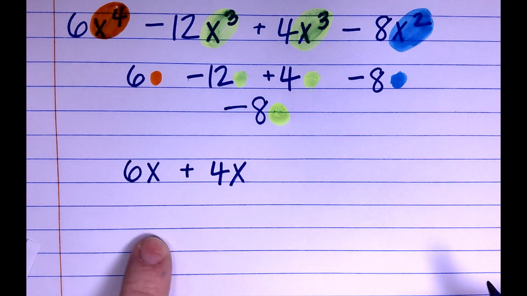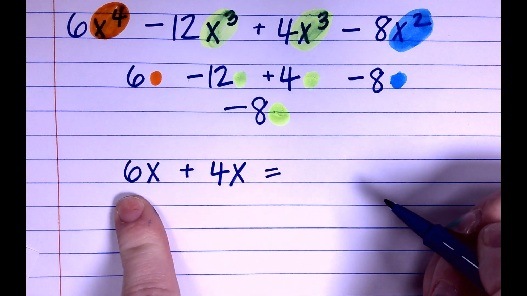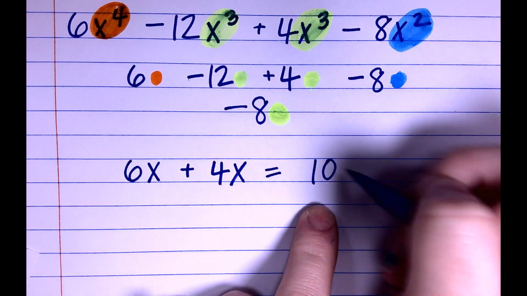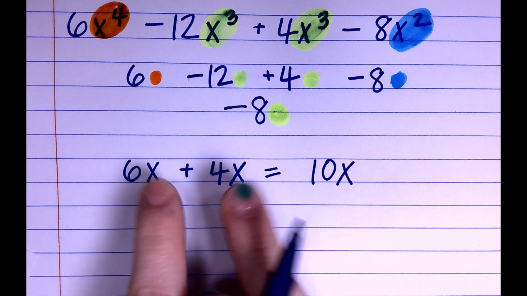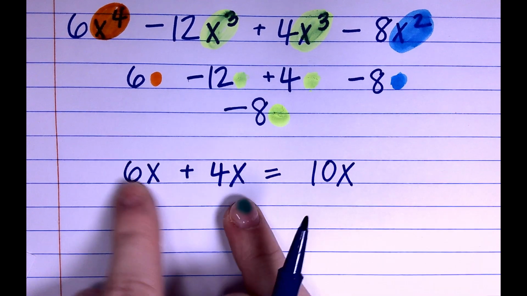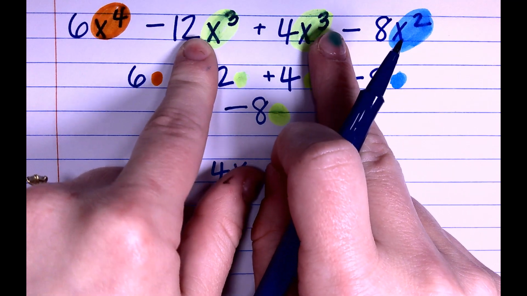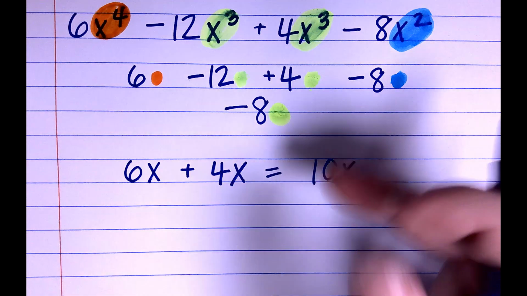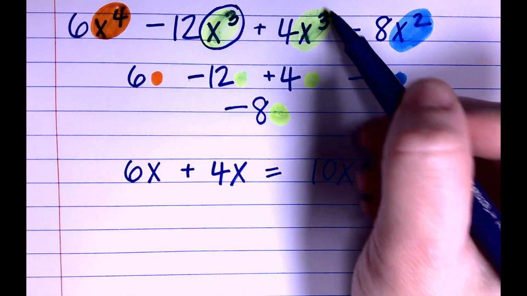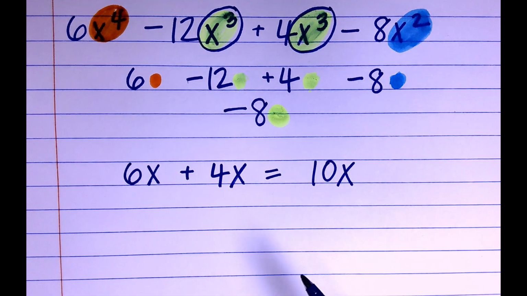Will I get 10x squared or 10x? 10x. Why? I'm just adding how many x's do I have. Up here, I'm adding how many x to the third powers do I have. These do not change unless we multiply or divide. Only if we multiply or divide.